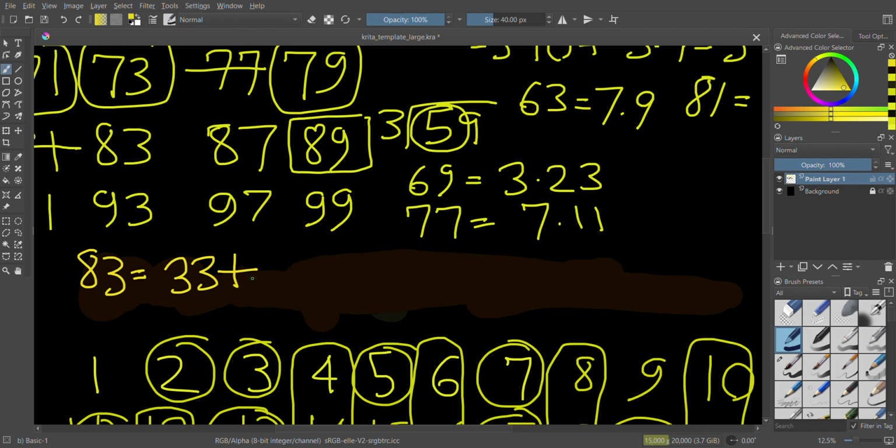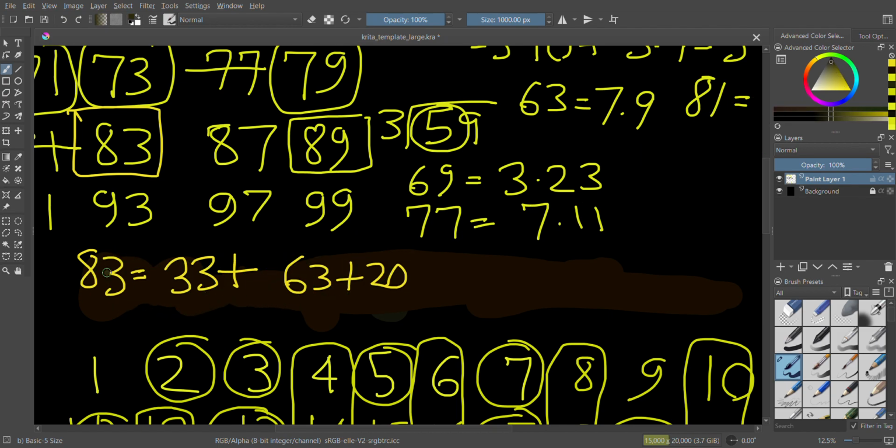It's not 63 plus 20, right? It is actually prime. Mistake there. So 83 is prime. Let's go do some more erasing, because 83 is prime.